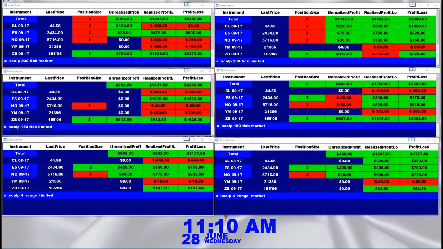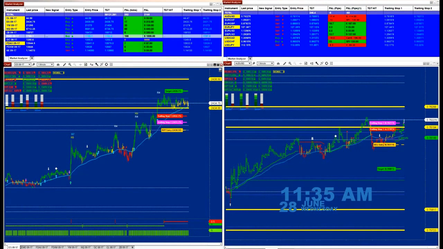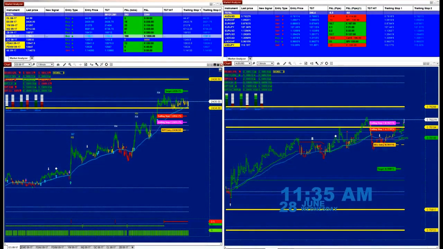And yes, we're going to miss some, and maybe I cannot make 800. I will be happy with 400, and if I lose, I prefer to lose 400 rather than 800. If I make 400 on a limited order, I'll be happy, rather than having 800 up in the air.